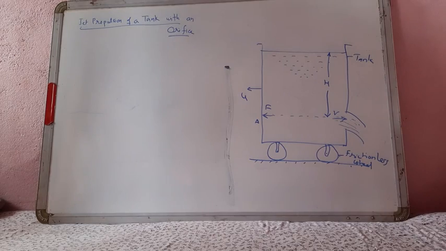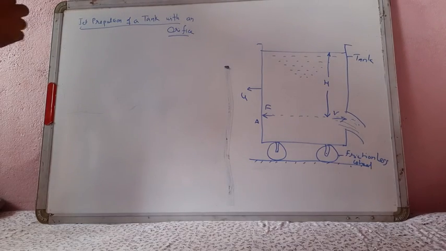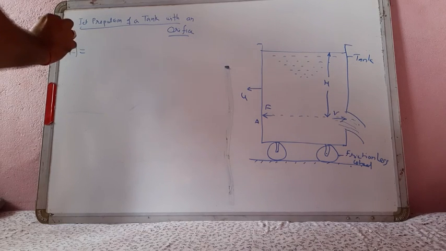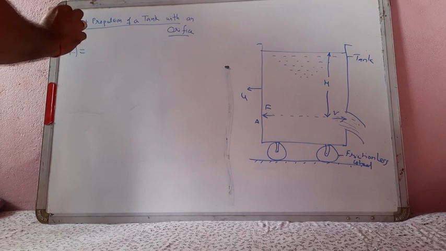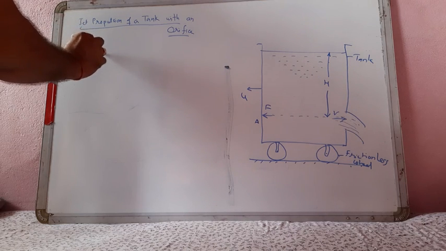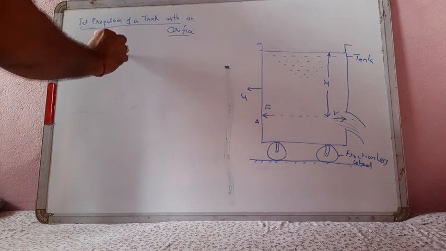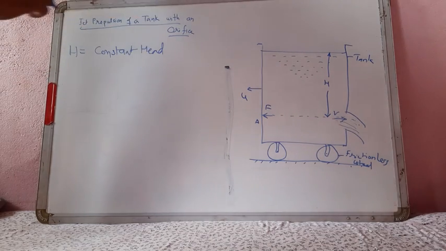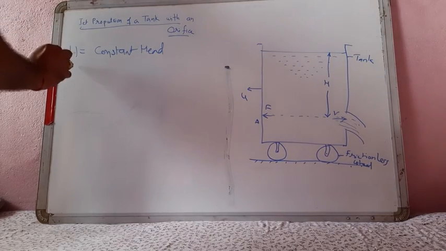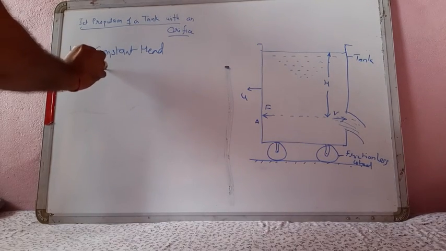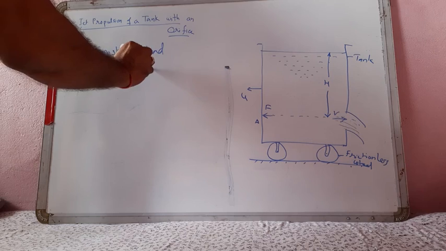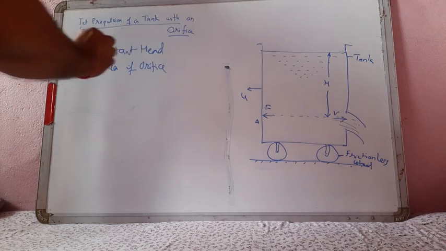This is the reaction. Now H is the constant head of water in the tank from the center of the orifice. A is the area of the orifice.